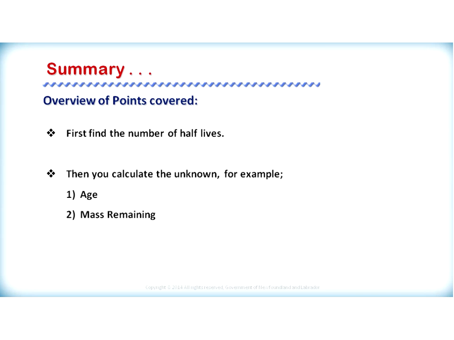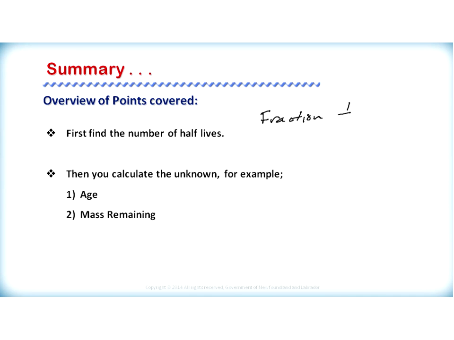So in summary, the very first thing you should do when you want to calculate the age of any radioactive sample is find the number of half-lives. We find the number of half-lives by looking at the fraction of parent remaining.